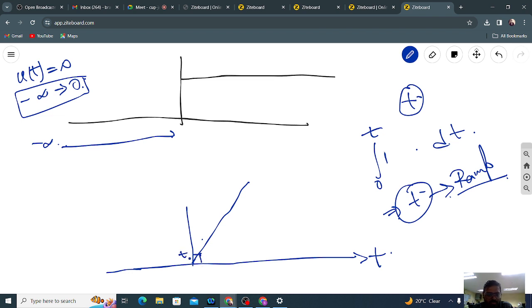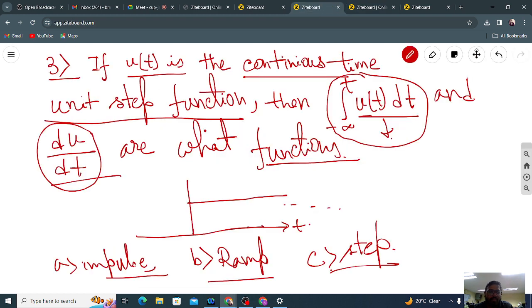So this is t1 and this is t1. Similarly, in this region, if this distance is t2, this will also be t2. So the answer to the first one will be a ramp function.